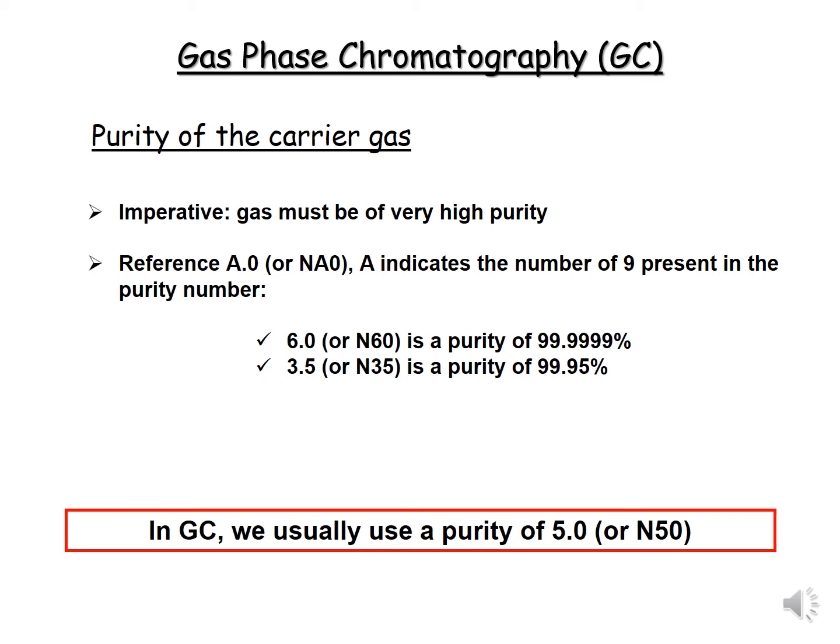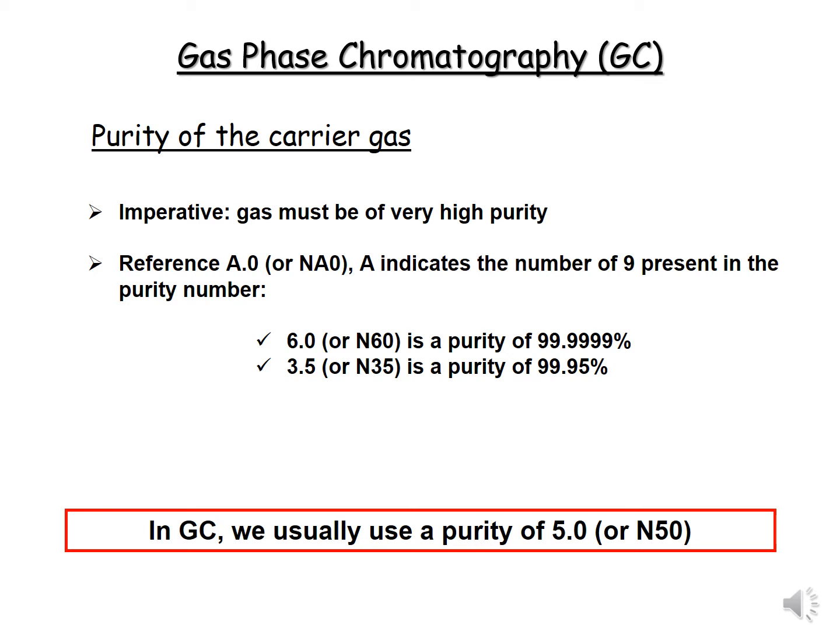There are six nines in this number. If I have a 3.5 or N35, the purity is 99.95%. You have three nines and a five. That's very simple. And in GC, we usually use a purity of 5.0 or N50.